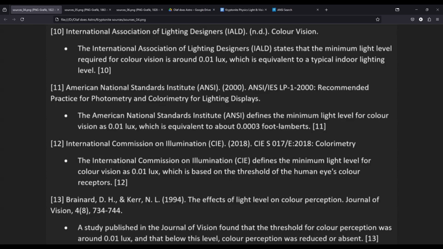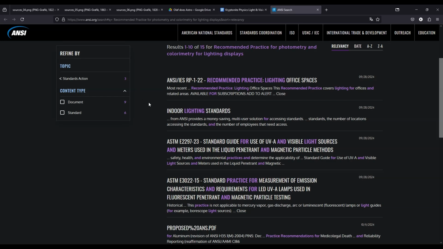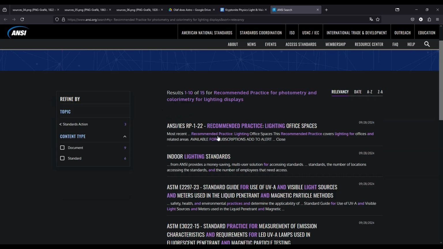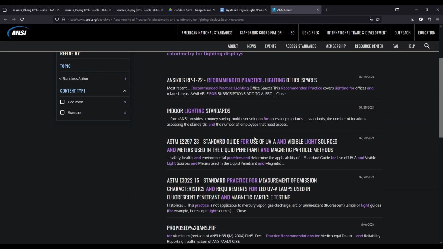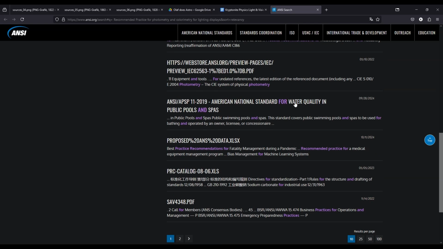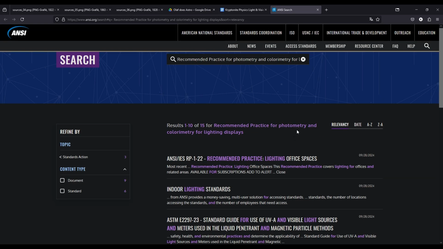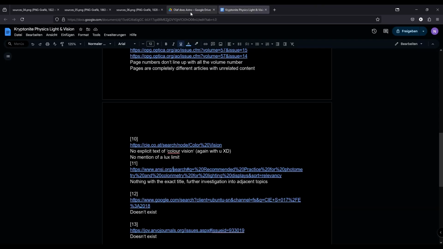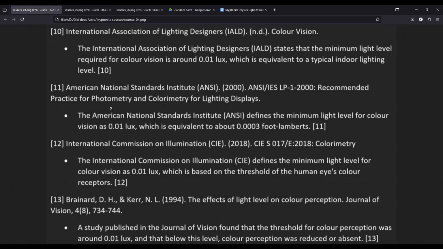The recommended practice for photometry and colorimetry for lighting displays. I put all of that in. I couldn't find anything. They give office spaces, indoor lighting standards, something about UV and things like that. I looked at some adjacent topics and could not find anywhere they specify a minimum lux for human vision. And again, I would advise the viewer to have a look for themselves.